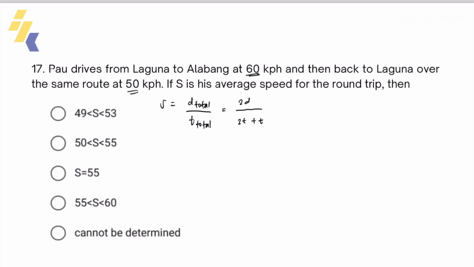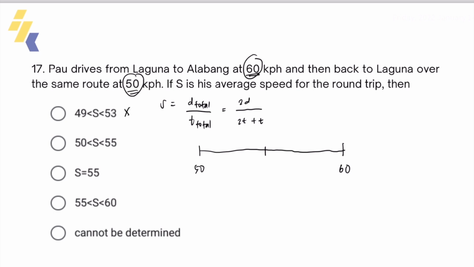So it takes a longer time. Now, we should know, ito ay common sense, that yung average speed should be between 60 and 50. Okay? And it cannot get a speed lower than 50.